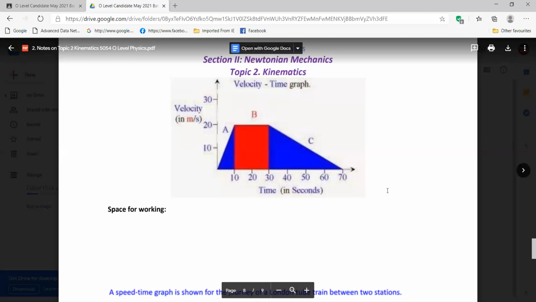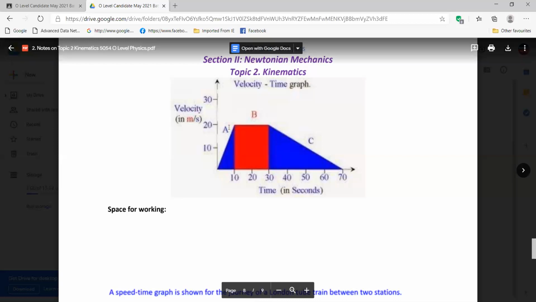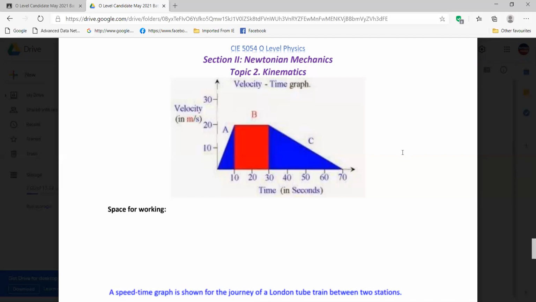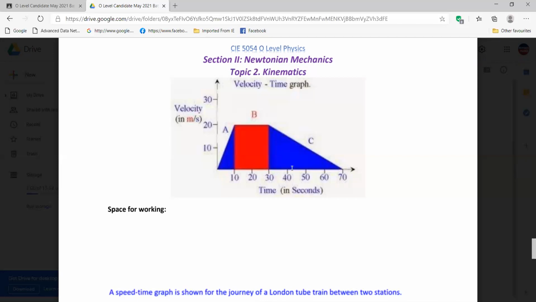No, base is 40, from 30 to 70. Half into 40, that means 20, right? Then we are getting height same, 20. And how much does it come? 400. So you got at the beginning 100, then 400, again 400.